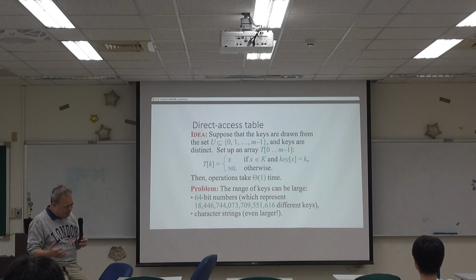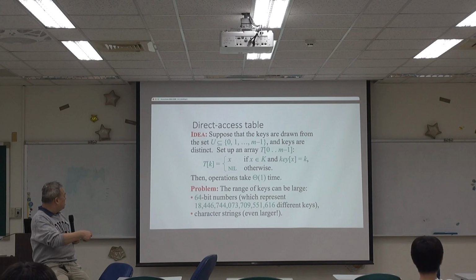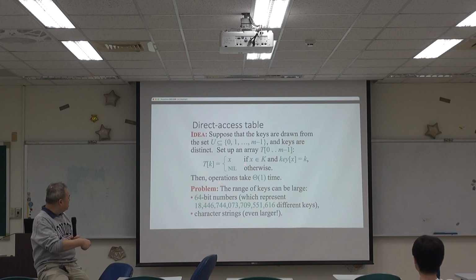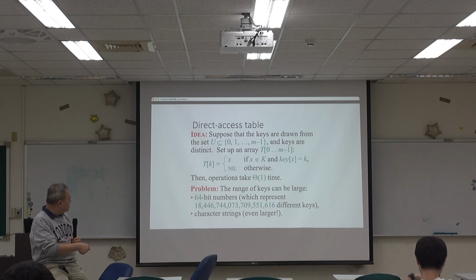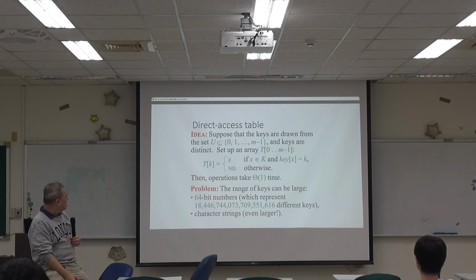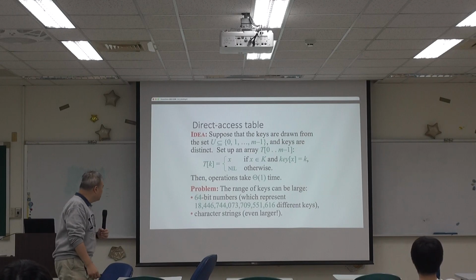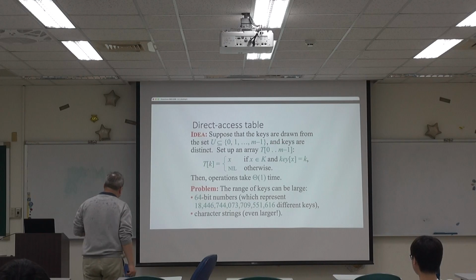This is the size of the possible space of your key. And obviously, you just use this array to store your record. So T[k] equals x if x is in this key set and the key of x equals k, and nil if this k has not been used. That's a pretty easy approach.